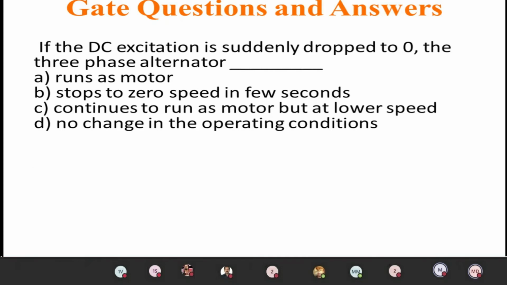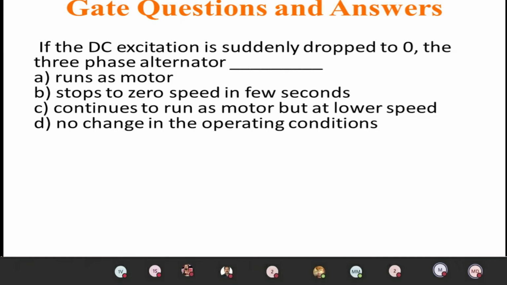So next question: if the DC excitation is suddenly dropped to 0, the three-phase alternator... Initially we discussed that the synchronous generator and synchronous motor have the same construction.